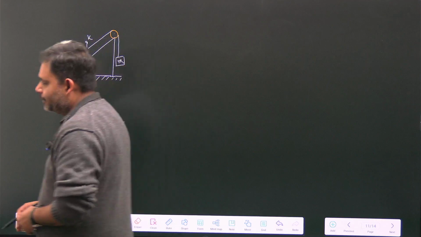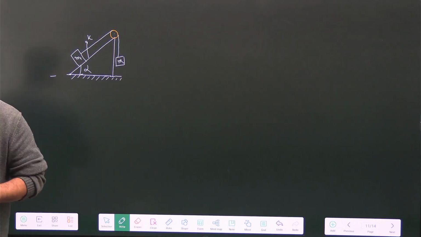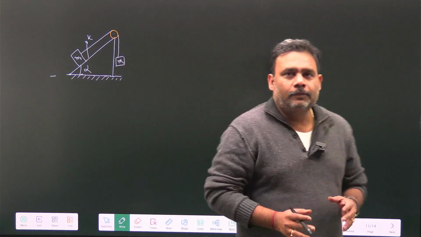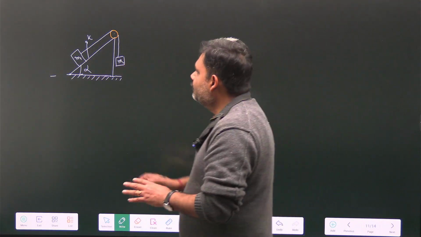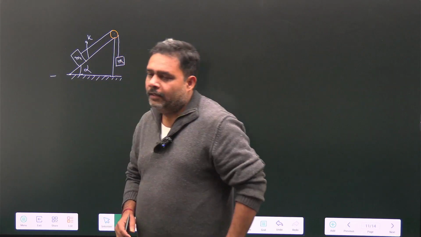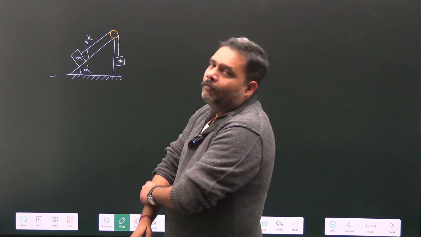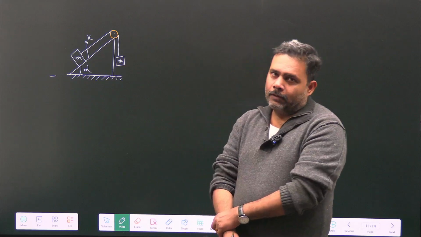This is very interesting. What will be the condition such that both m1 and m2 remain at rest with respect to this particular wedge? So how will we do this problem?